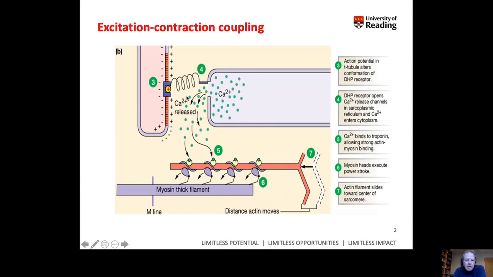So overall, hopefully you can see that the action potential results in a large increase in intracellular calcium within the motor end plate. The calcium binds to one of these calcium binding proteins, troponin, allowing strong actin myosin binding. So binding to troponin is important.